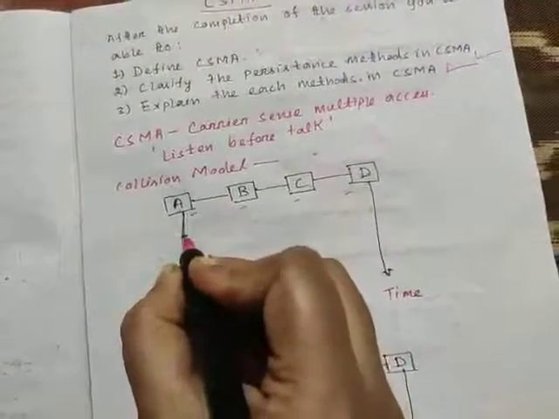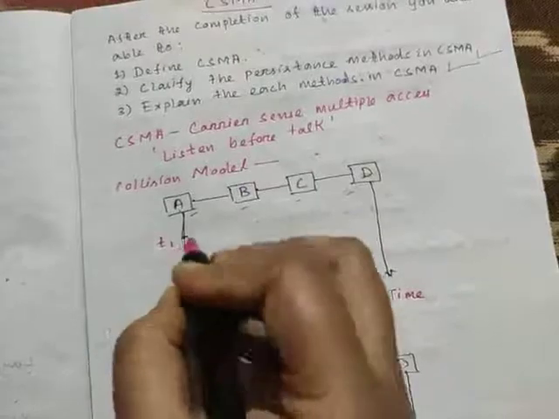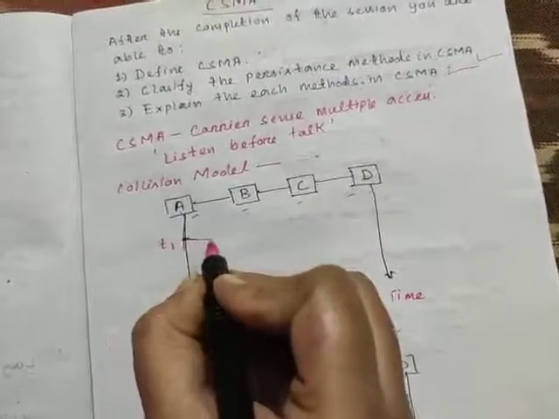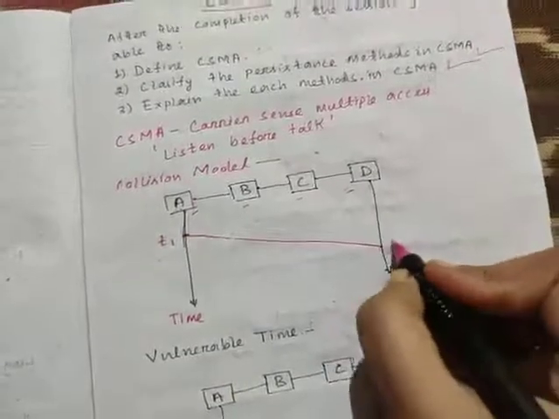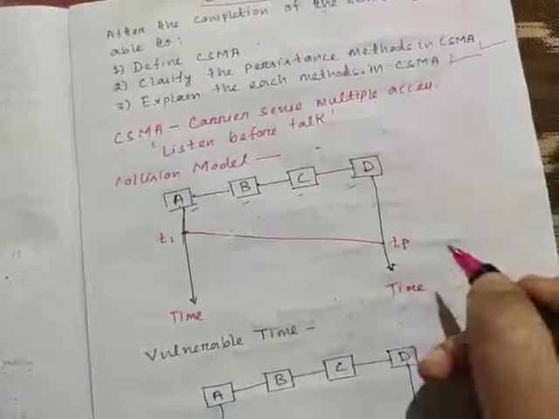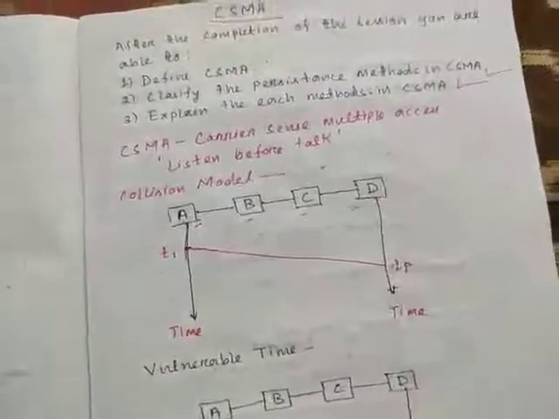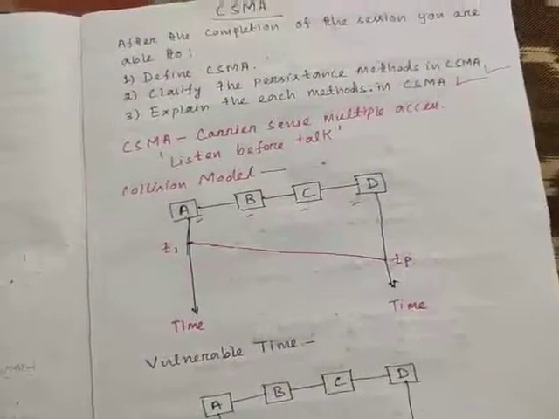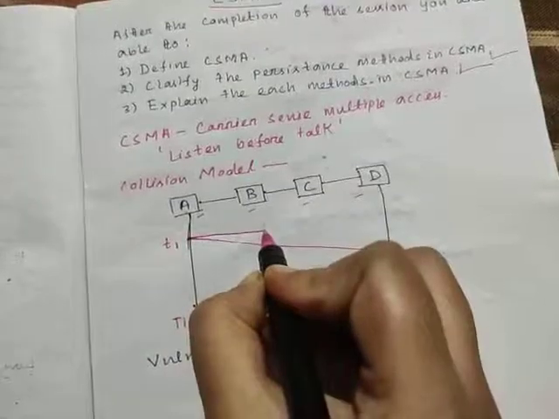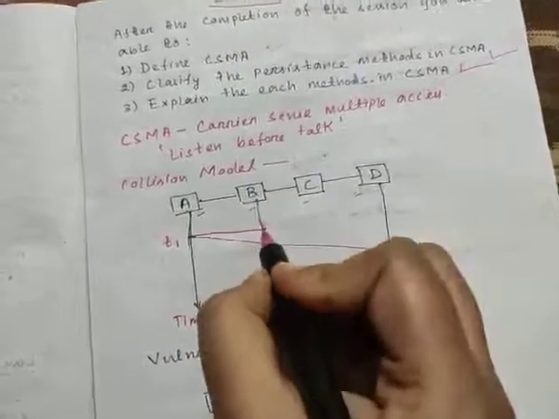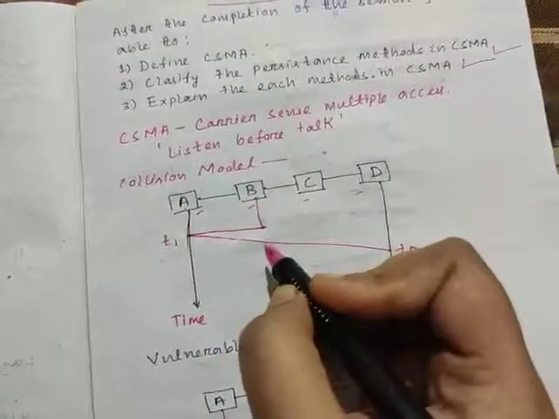At time t1, A starts to transmit data, and it reaches station D at time tp. But until this time, B is unaware of the transmission.